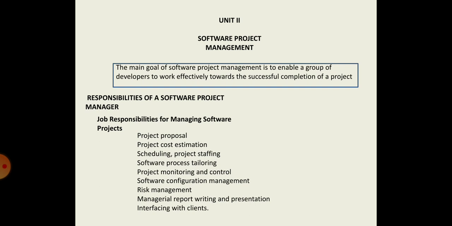But we should have a glance, or we should understand at least the basics of the software project management techniques. So, the main goal of the software project management is to enable a group of developers to work effectively towards the successful completion of a project.